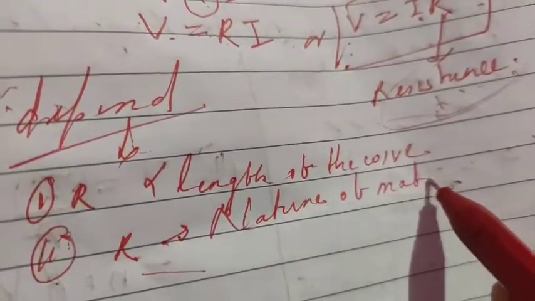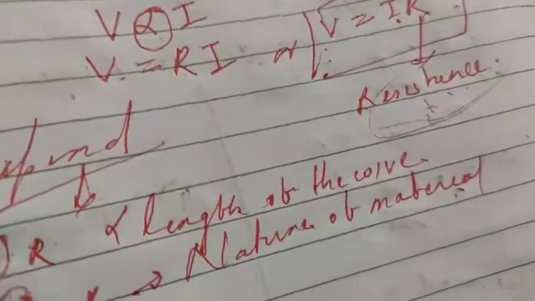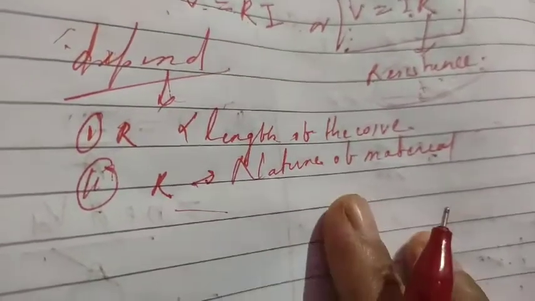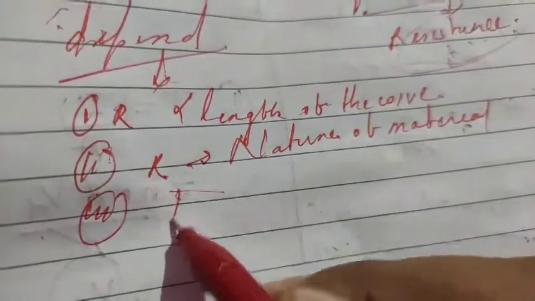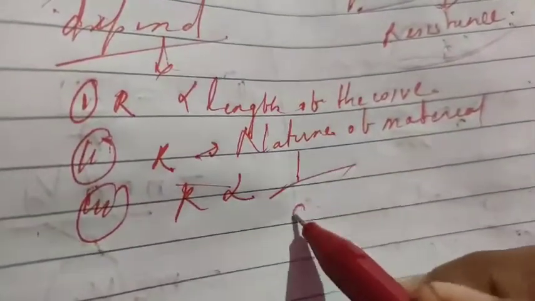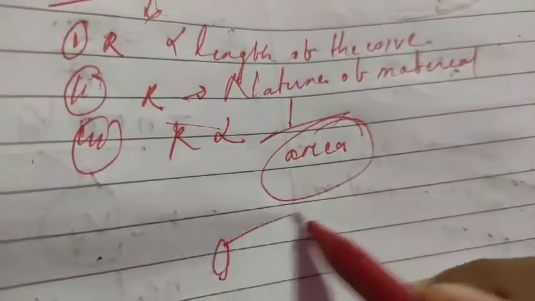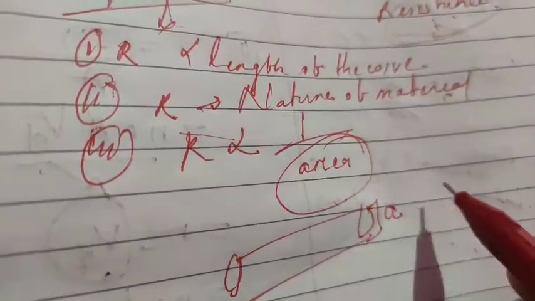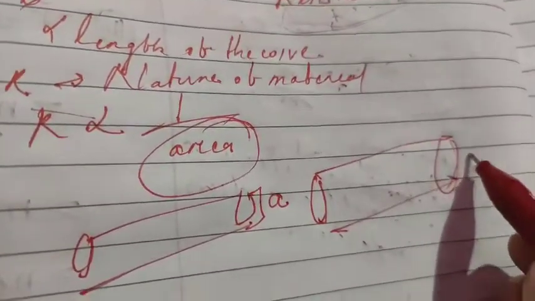Whether the material is an insulator or a conductor, and among conductors you have aluminum, copper. So it depends upon the different quality of the material. Third, it is inversely proportional to the cross-sectional area. Suppose a wire is like this. If the area of this wire is A, small. Again one wire I will take, the area is more.